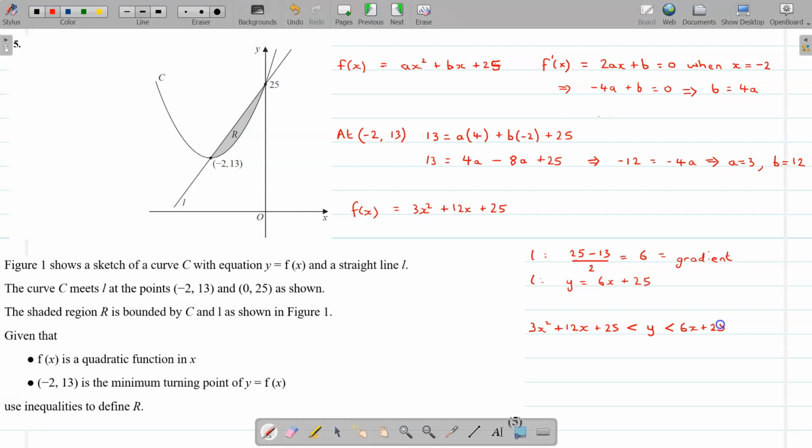So the region R that's shaded is in between those lines. Now, there's a question as to whether it's including the lines or not. They're solid lines, so you can include them as well. And that's defining the region which is shaded there. In the mark scheme they do accept whether or not you use equals as well as just less than, but you can present it as a single inequality between those two limits like that.